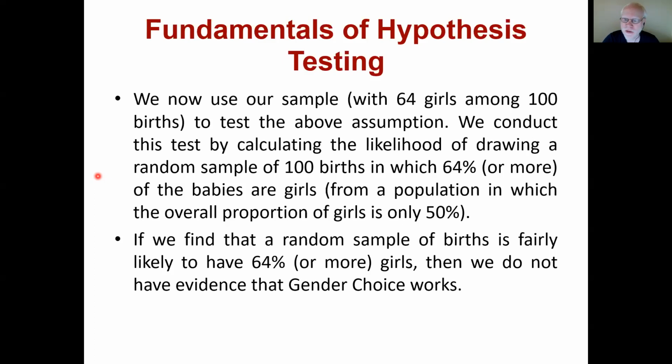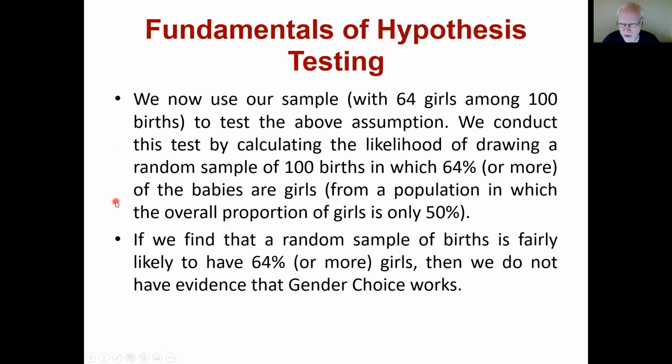Then we want to see how likely getting that one sample of 64 is when you've got a population proportion of 50%. We'll unpack that more, but you should be recognizing that's a lot like the questions on the last quiz and the last exercises, which were very similar to this.